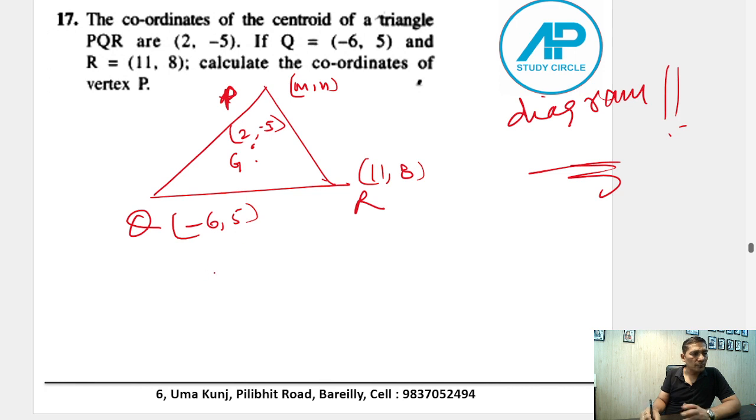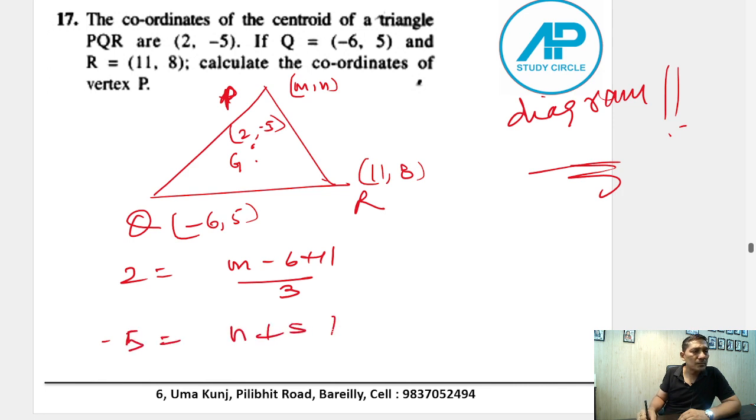Now what I have to do is just put in the centroid formula. 2 equals m minus 6 plus 11 upon 3, and minus 5 equals n plus 5 plus 8 upon 3.